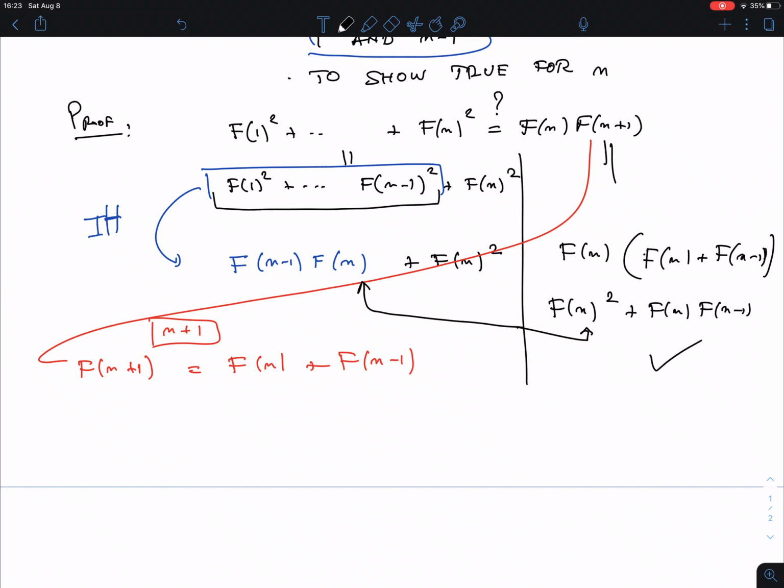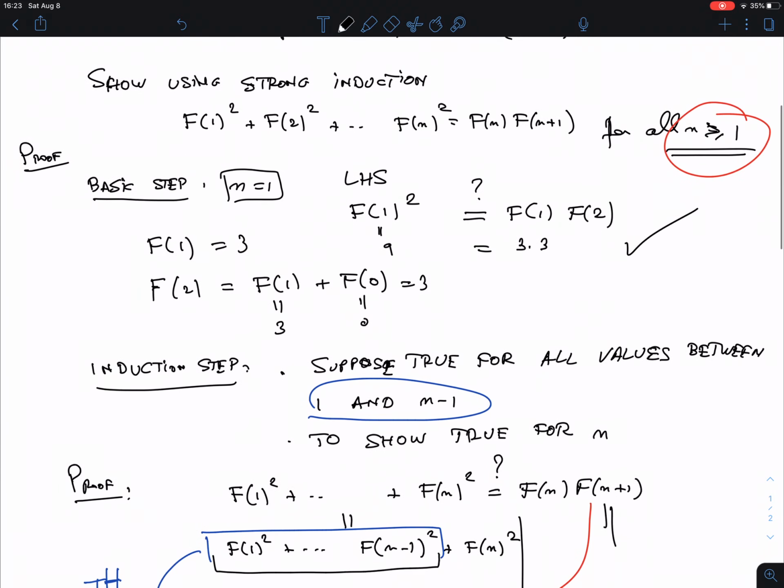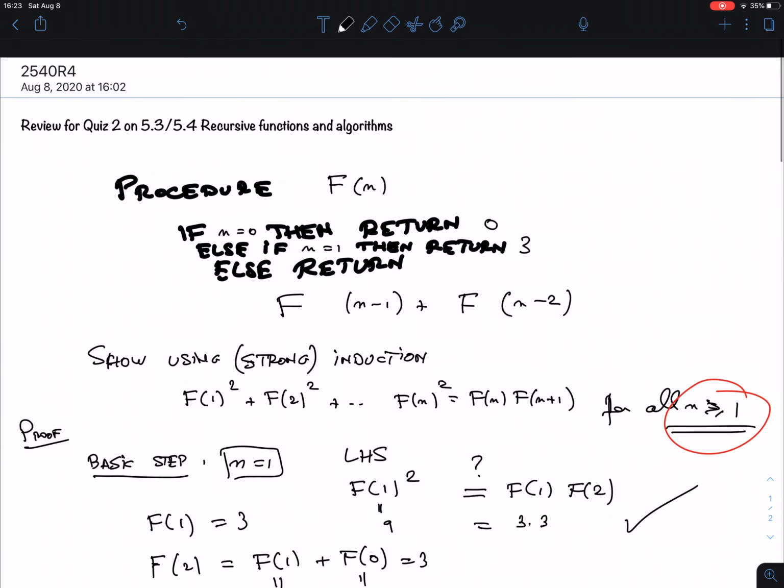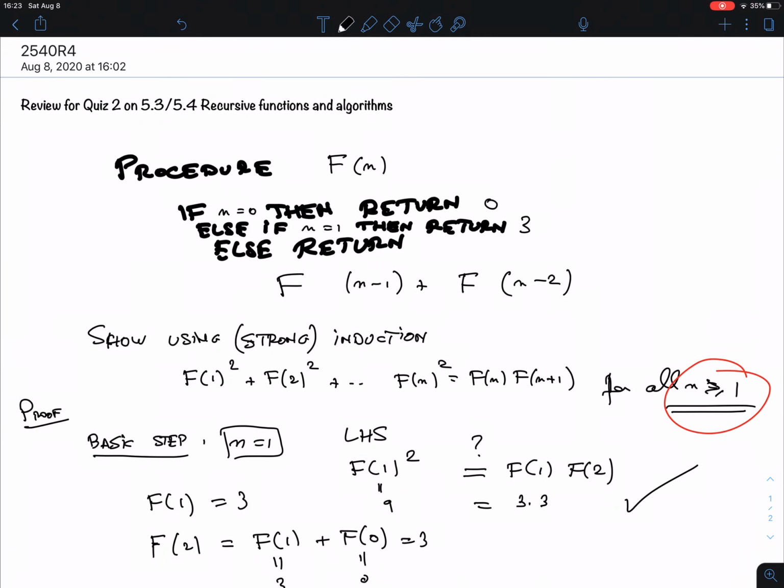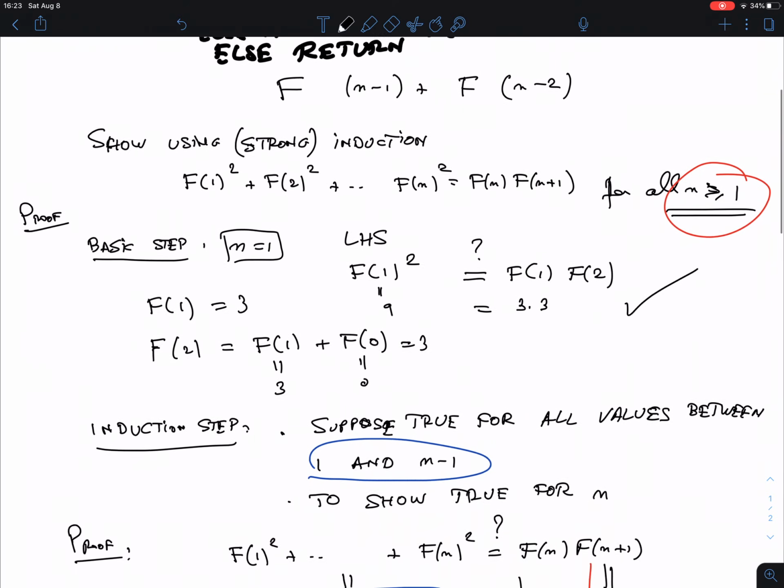Okay, so I said we need strong induction. That actually was not true. So induction was enough here. Why did I propose strong induction? Because I'm doing a function that is recursive on two previous values, and very often you need the previous two values for that. So here's an example where you see that although this is how this function works, not everything necessarily needs strong induction.